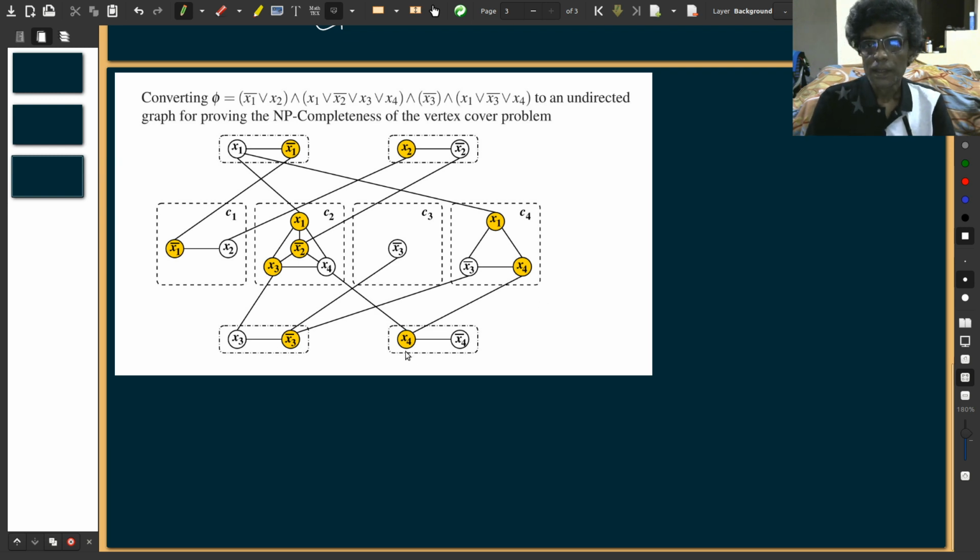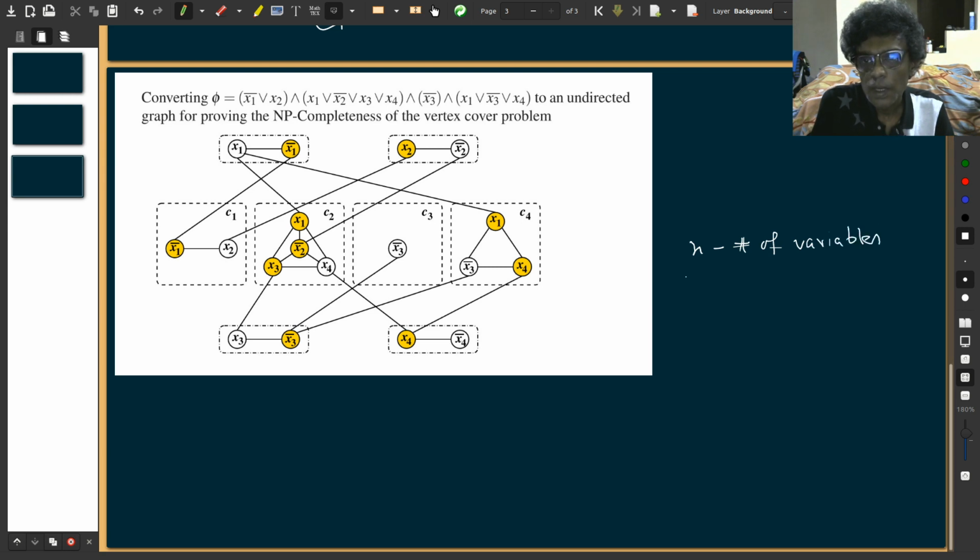Okay. That completes the construction of the graph, but I have to mention some value of L. So for that I use this. N is the number of variables. In our example, this is 4. Let us say M is the number of clauses, and T maybe the total number of literals in all the clauses.